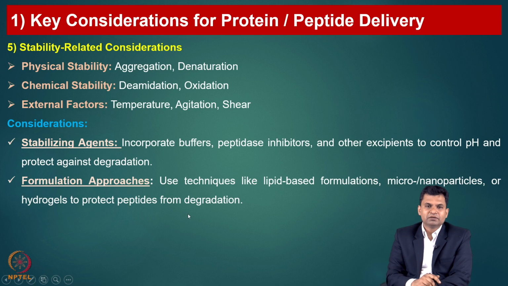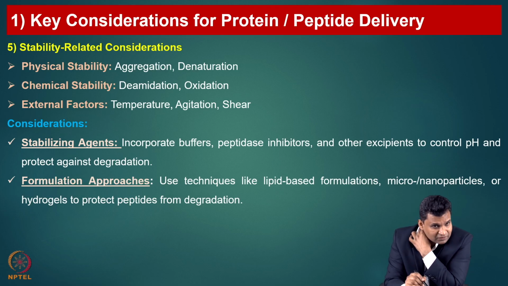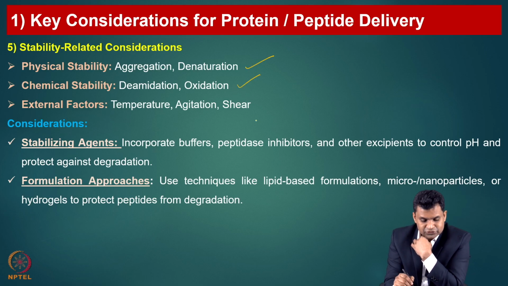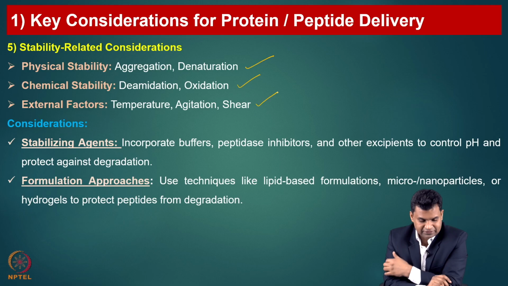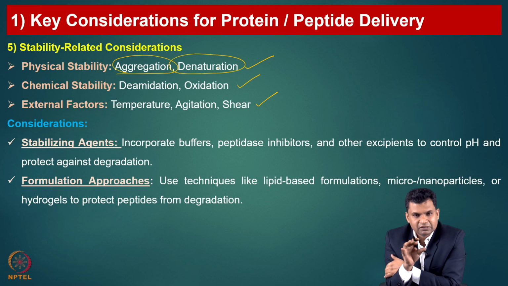And the fifth one, we are going to see stability related considerations. We already discussed the physical instability issues, chemical instability issues and the external factors. Here you can see aggregation and denaturation, which directly or indirectly affect the activity of the therapeutic molecules.